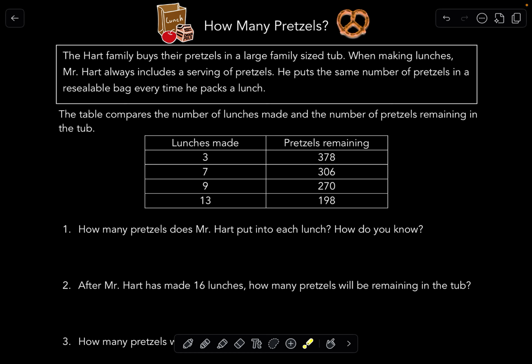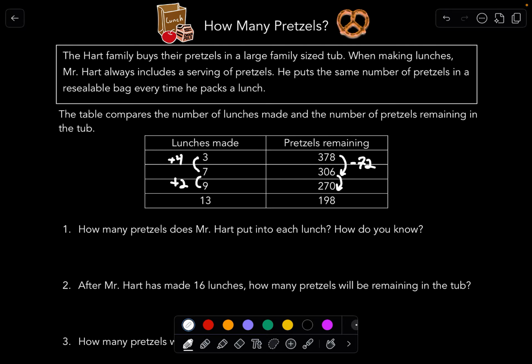Well, if you look at this, you will see that when we increase the number of lunches made from 3 to 7, it's 4, right? 7 minus 3. And when you do that, you decrease the number of pretzels by 72. All right? When you go from 7 to 9, you increase the number of lunches by 2.